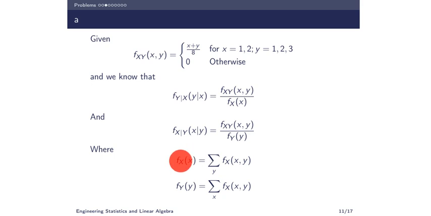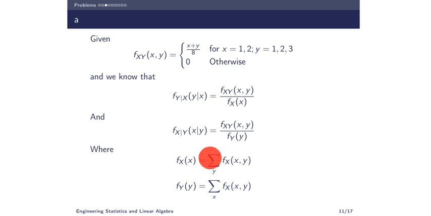f_X(x), as I said, is a marginal one, so we have to find the marginal from f_XY(x, y) only. It is not explicitly given, so we have to find it from this one only, taking y as the variable. So when you have to find x, you have to take y as the variable. So it is the summation over y of f(x, y), because what we want is a function of x.